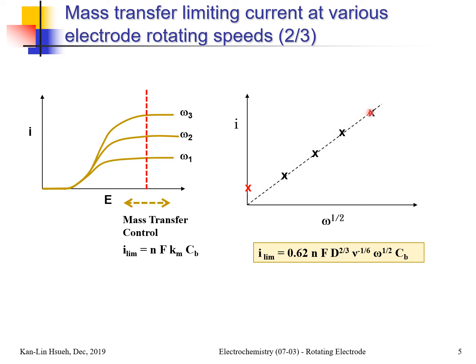But according to this equation, at 0 rotation speed the limiting current should equal 0. In reality it's not, because in a stagnant electrolyte, even if the electrode is not rotating, the mass transfer changes from convective mass transfer to diffusion. The species will still diffuse to the electrode surface. So you still see some small current, but much smaller because it is diffusion control. Over here is convective control, so the current is much bigger.